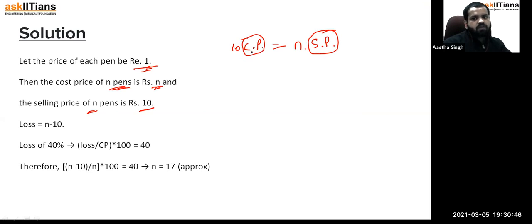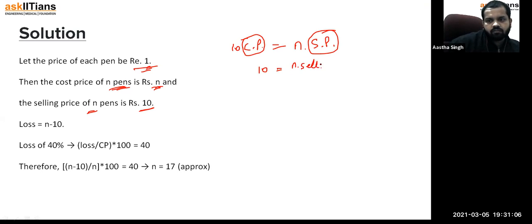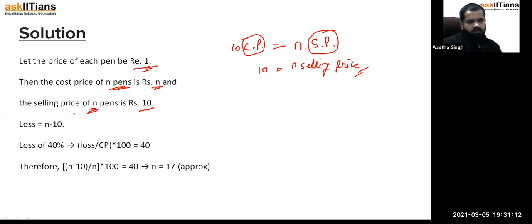Okay. So cost price will be what? 1. So it means it will become 10 of your n selling price, right? Cost price of n pens is n, and selling price of n pens is 10.